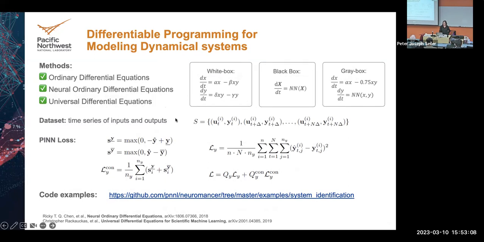What our toolbox allows us is to formulate at a high level what these dynamics look like, and then, again using parametric optimization, train the parameters.